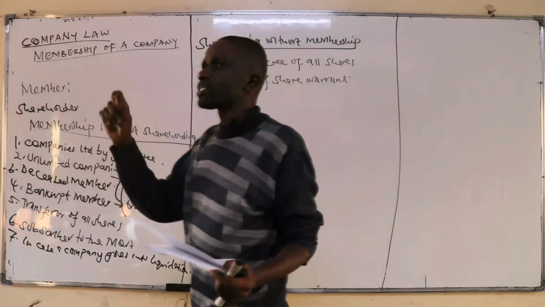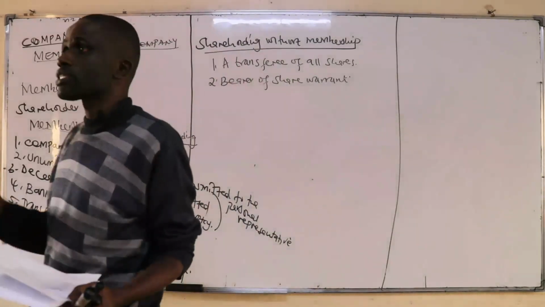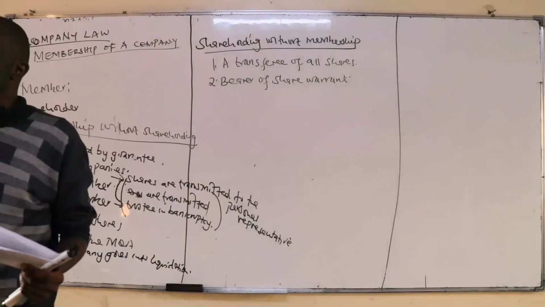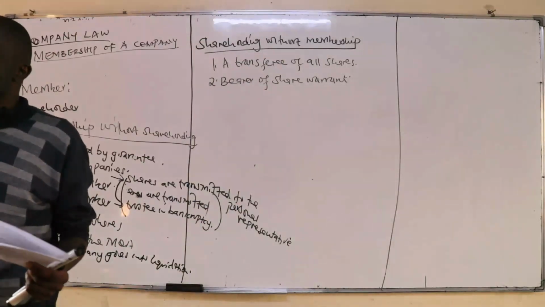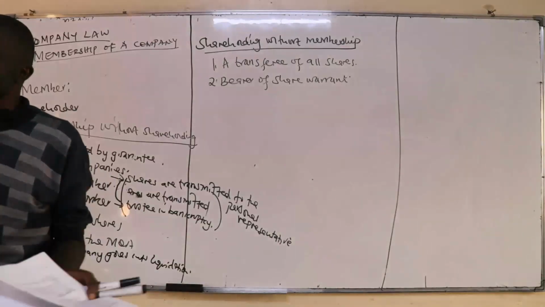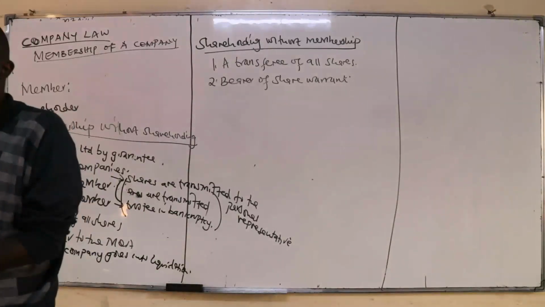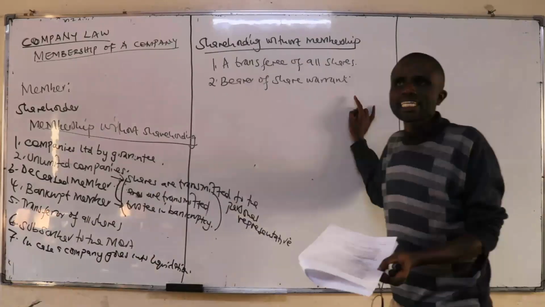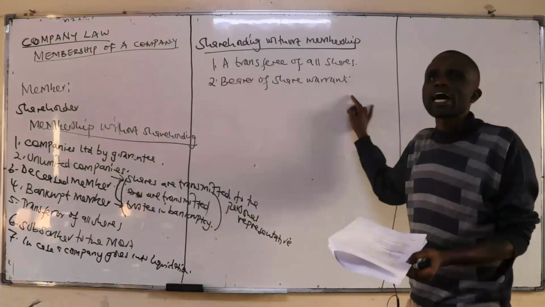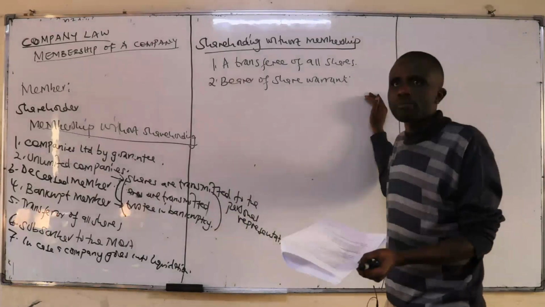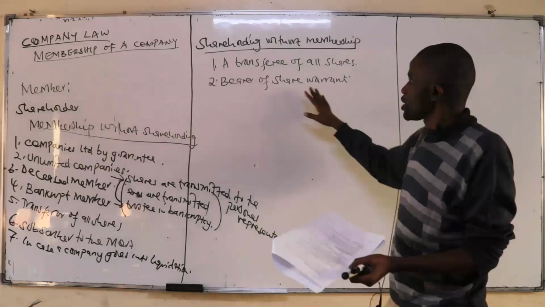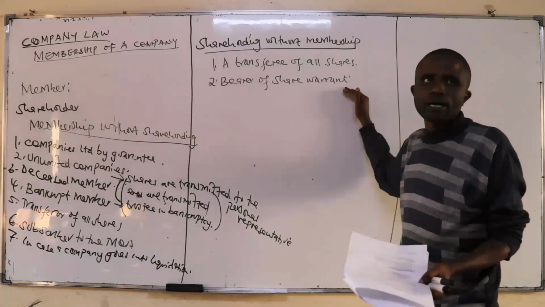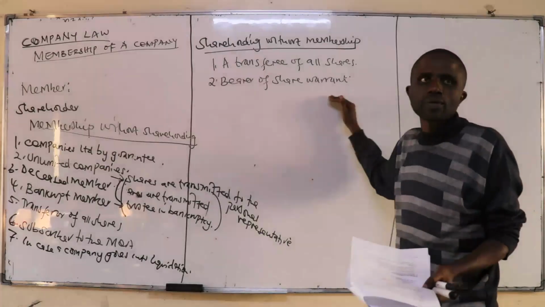Because you cannot use a share certificate as a security, since the share certificate does not indicate whether some shares may be fully paid and other shares partially paid. But with the share warrant, all the shares indicated are fully paid. The moment you're issued with the share warrant, it means you've indicated to the company that you intend to use your shares as a collateral or as a security for a loan.